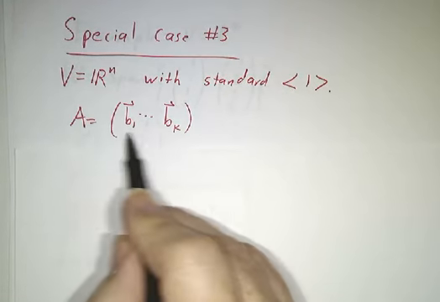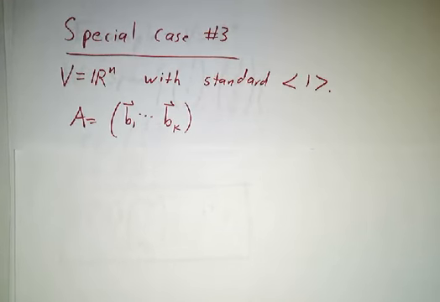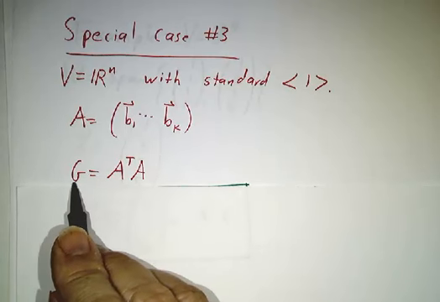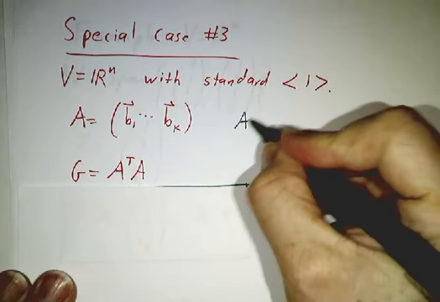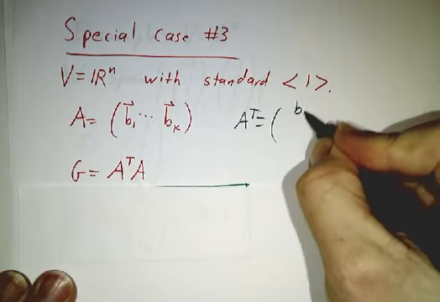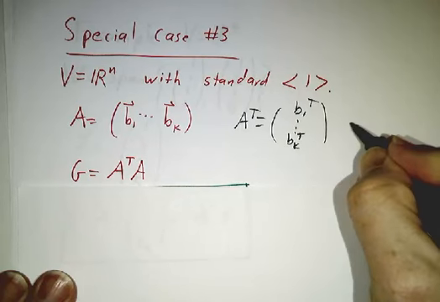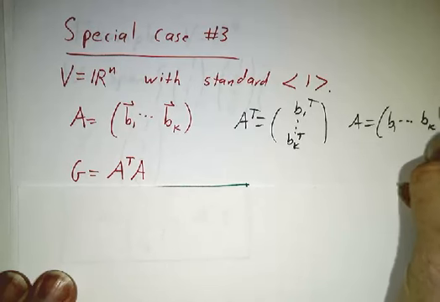So we've got a basis B1 through BK, make an n by k matrix out of it. And I claim that the matrix G is just A transpose A, because A transpose is B1 transpose through BK transpose, and A is B1 through BK.